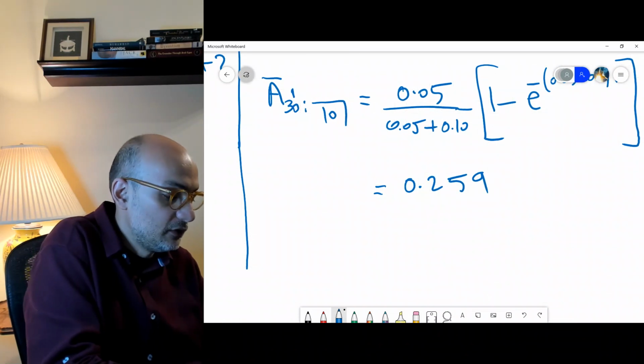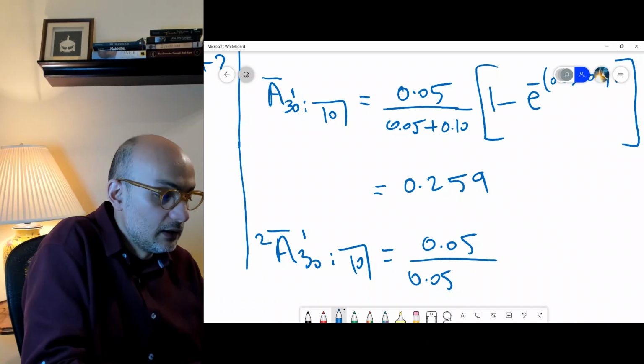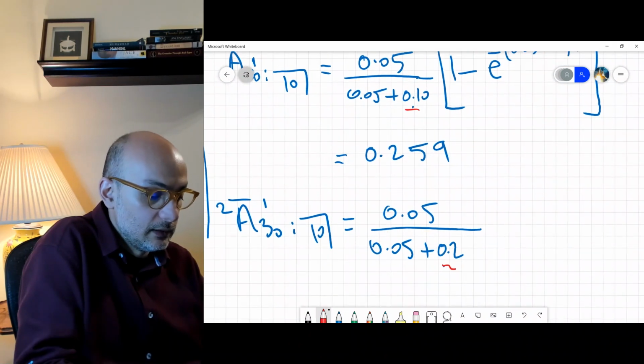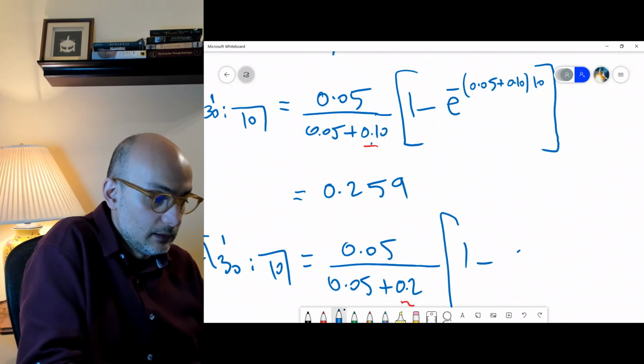And similarly, if you do the second moment, it will be 0.5. Now to 0.5 you add, instead of 1, it will be 0.2, because it's 2 delta. The difference between this and this is 2 delta. And then multiplied by 1 minus e to the minus 0.5 plus now 0.2, right?